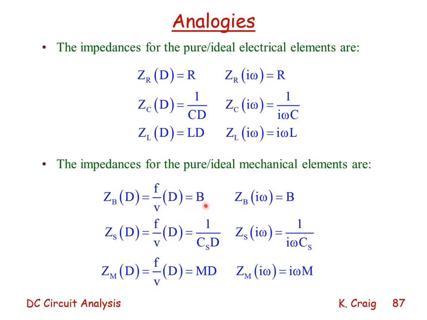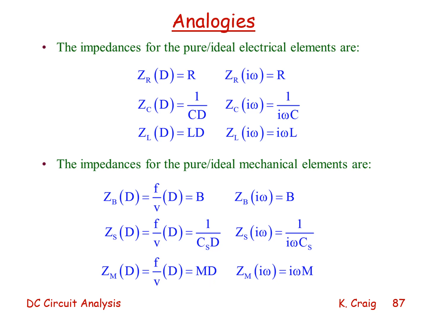It's a constant B, the viscous damping coefficient. A spring has an impedance, force over velocity, of 1 over C sub S, which is the capacitance of the spring, times the differential operator. And for a mass, force over velocity is equal to the mass times the differential operator.